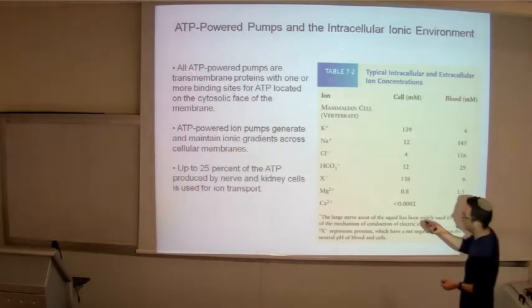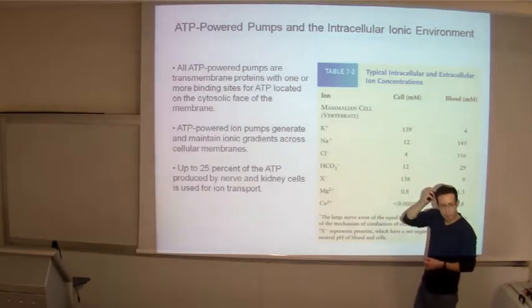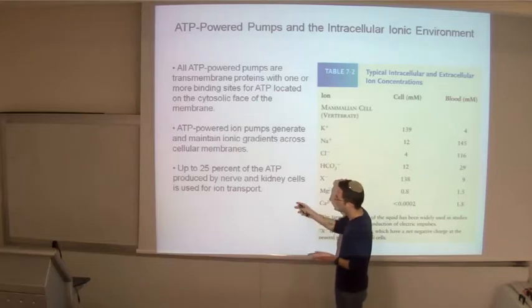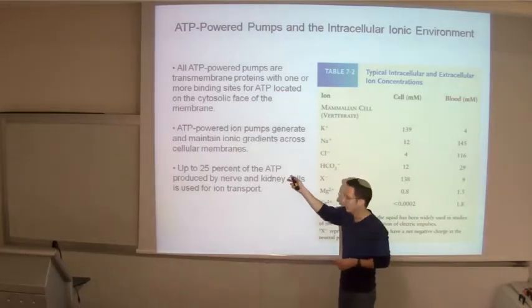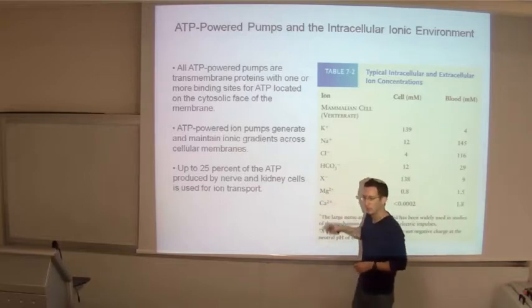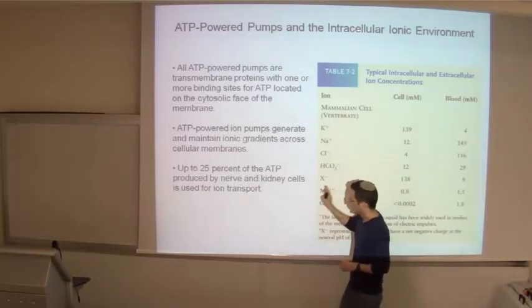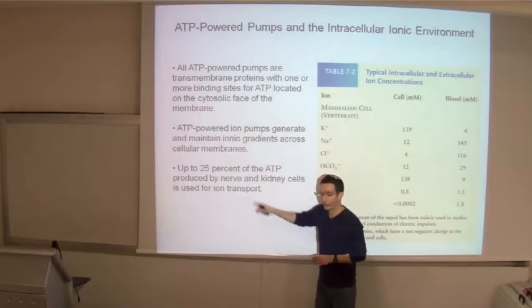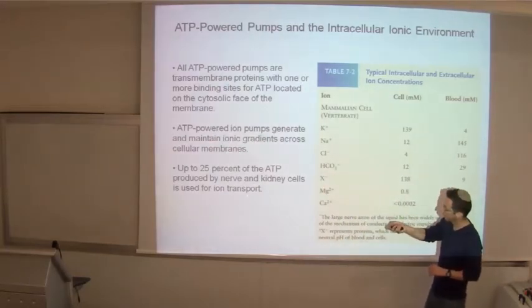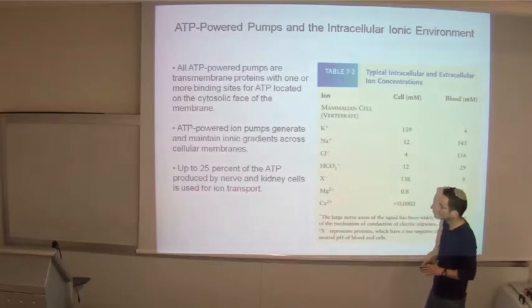And just to appreciate how essential this process is for cells, it's worthwhile to look at the fact that up to 25% of the ATP produced by nerve and kidney cells, which have a lot going on in the plasma membrane as well, is used for ion transport by ATP-powered pumps.